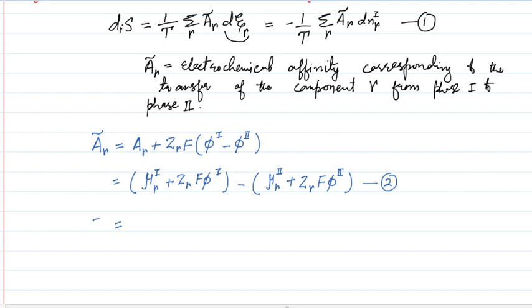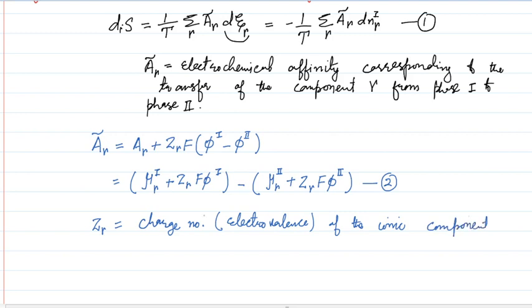Here Z gamma is simply the charge number, or you can say the electrovalence of the ionic component which is transferred from phase 1 to phase 2 or vice versa.